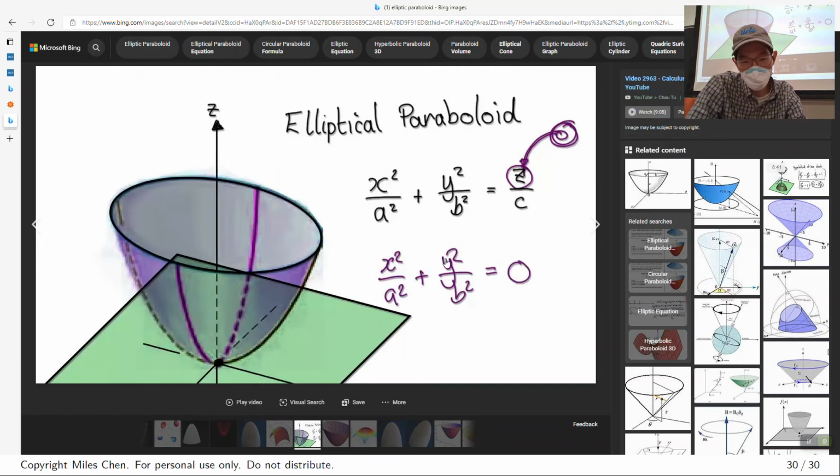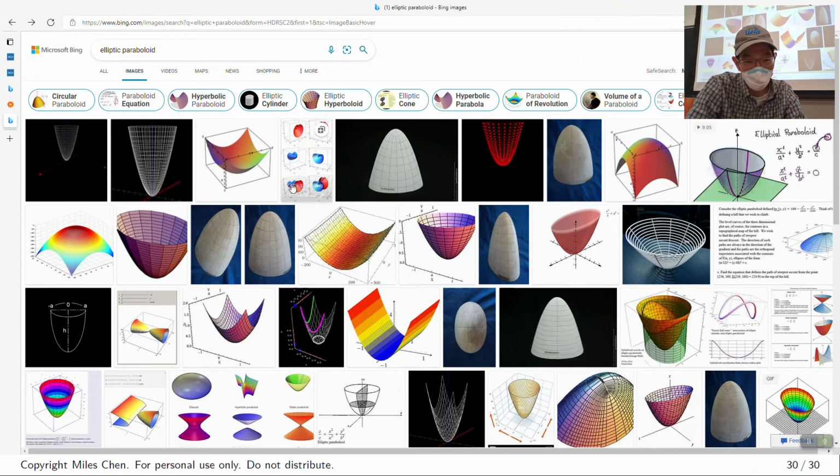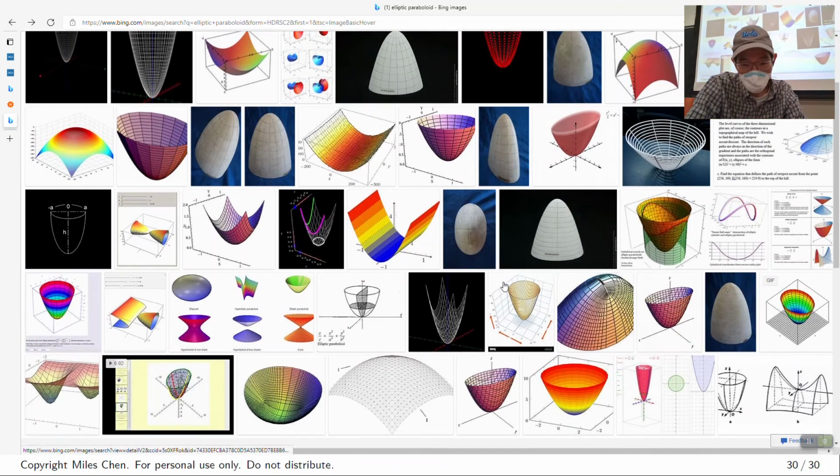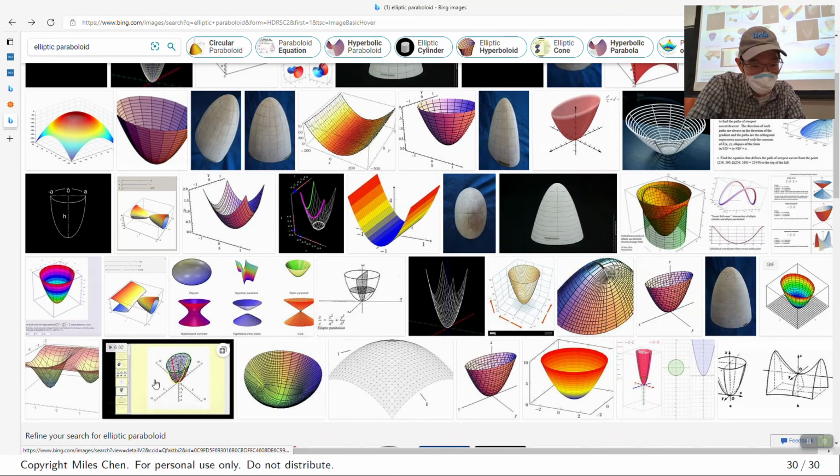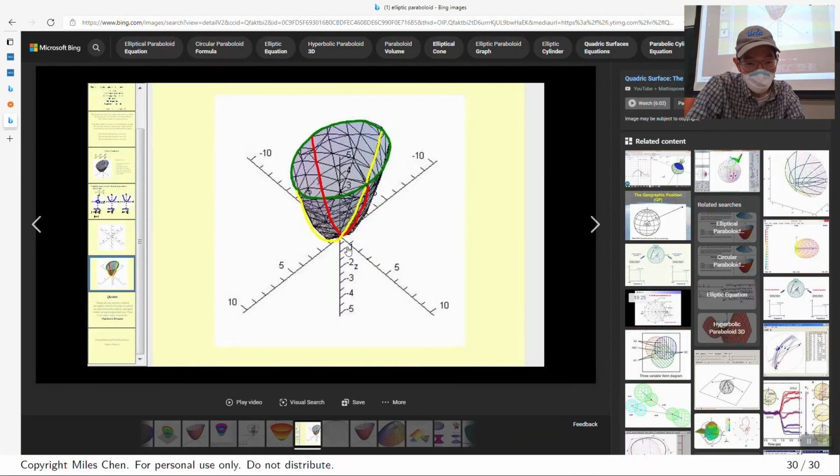This one's a rectangular elliptical paraboloid. These have the major and minor axes perpendicular to your x and y axis, but it doesn't necessarily have to be that case. Here's one, I think, where it's at an angle, but I don't even know what the equation is there. But okay, it doesn't matter.